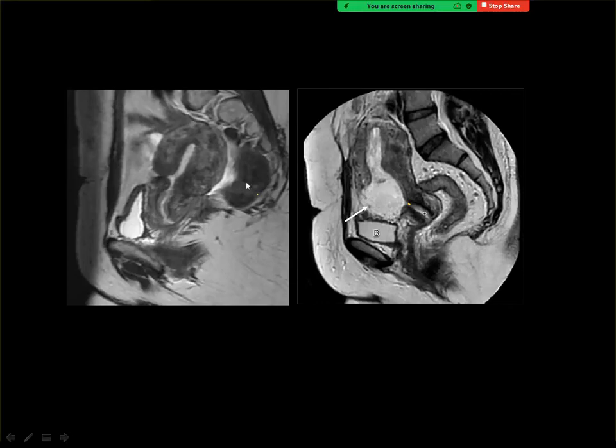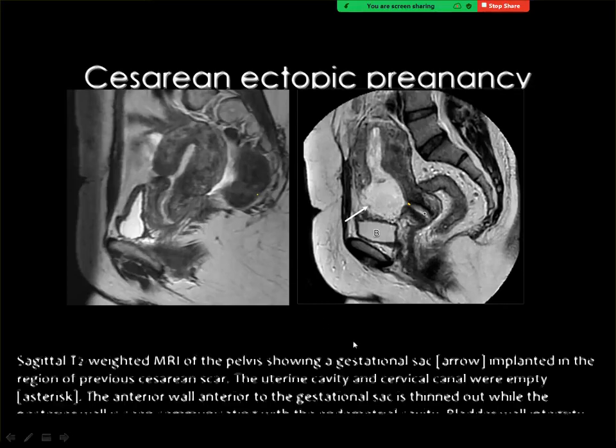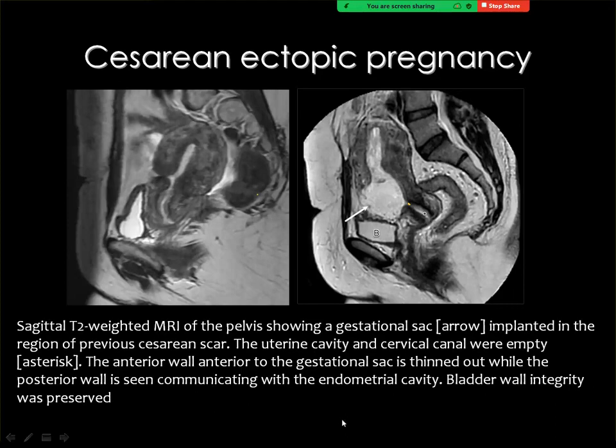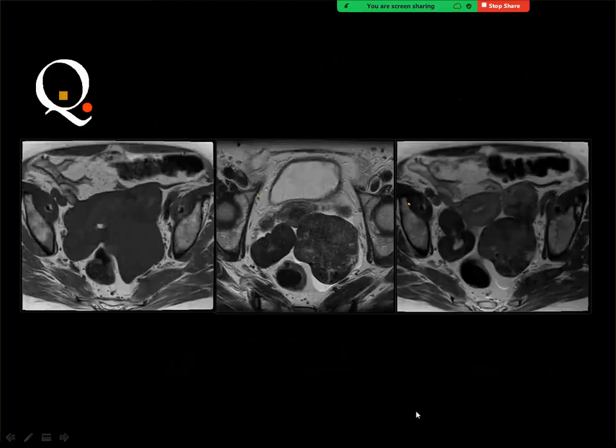This is one of the major drawbacks of the cesarean section. Also, another example, you may get that the pregnancy may be ectopic at the site of the cesarean section scar.